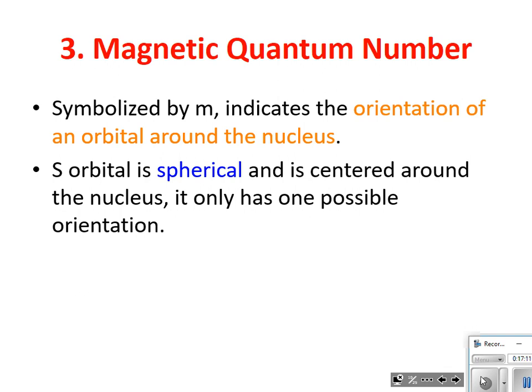We know that the s orbital is spherical in shape. It only has one possible orientation around the nucleus. However, how many p orbitals did I tell you there were? 3. I told you there are 3 p orbitals.